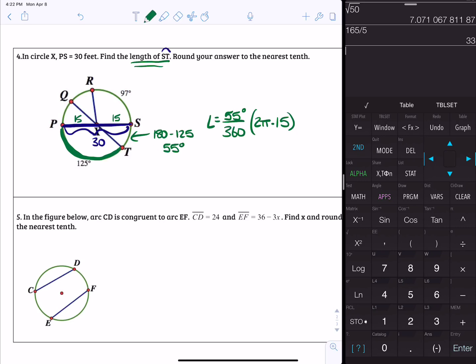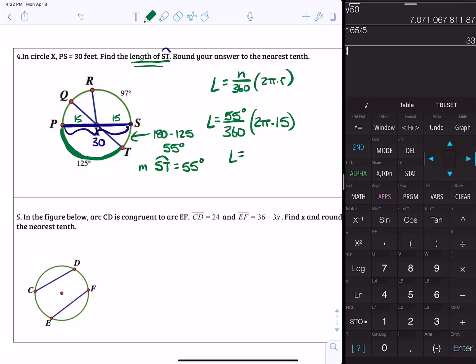The measure is 55. That's different than the arc length. For the arc length, you needed the formula n over 360 times the circumference, which is 2 pi r, or pi times diameter.